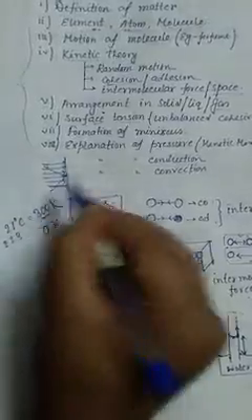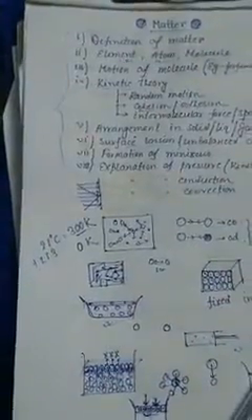After collision they can just revert back, and when they are colliding with the wall of the container they are giving some force to it, right? When you are colliding with someone, of course you will give some force to that person.